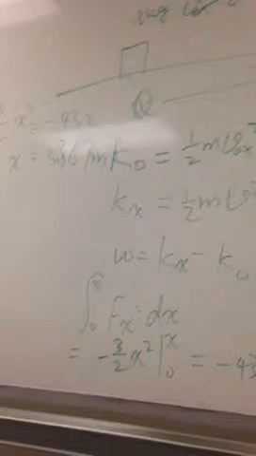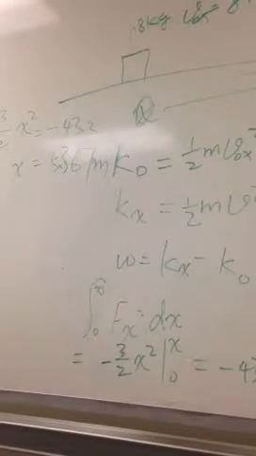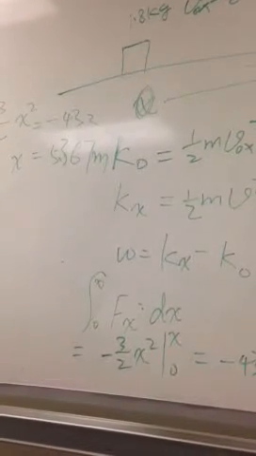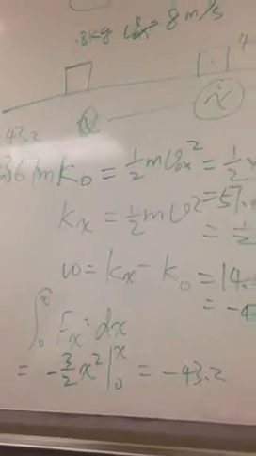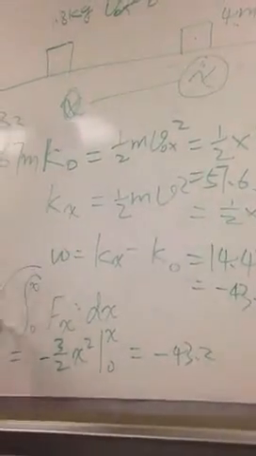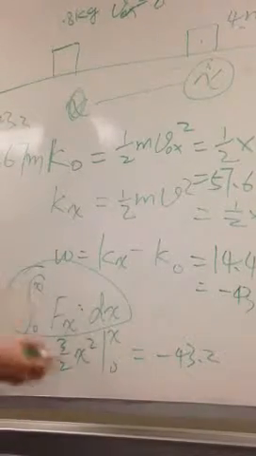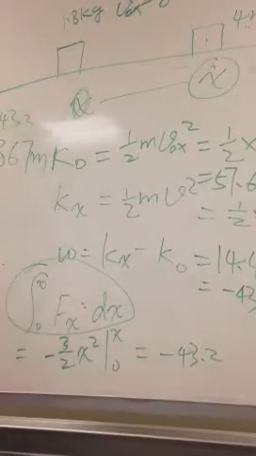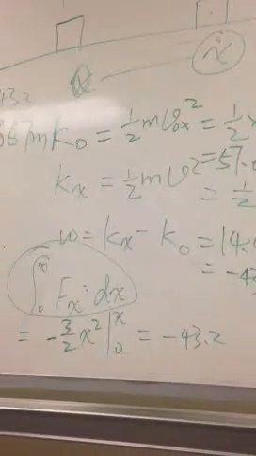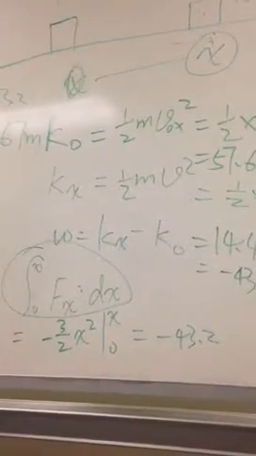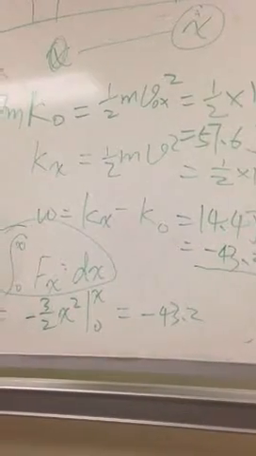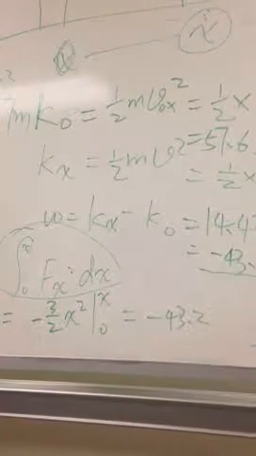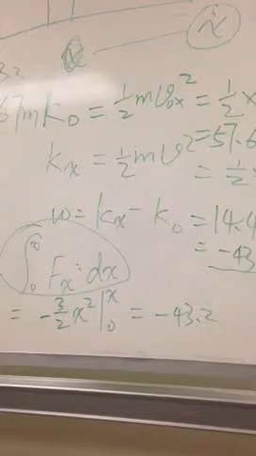Do you understand every step? Up until you got down here, I understand you took the integral, because that would give you the force, and the negative will give you the work done by the force, right? From 0 to x, and it's equal to the work we calculated here.